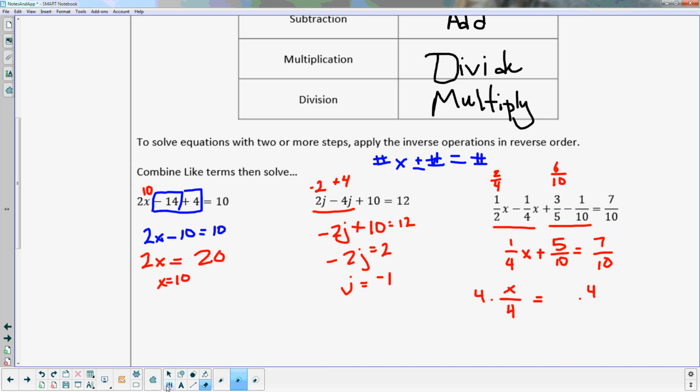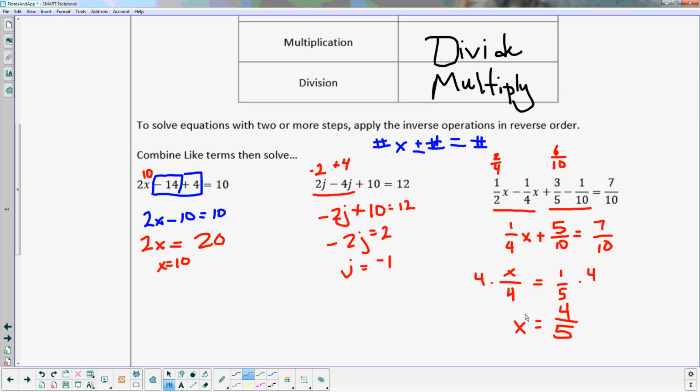You can do your simplification afterwards. You can see this as 1/5. 2/10, they're both even. Divide them by 2 and you get 1/5. But it makes our life easier here. X is going to be 4/5. Notice if I wouldn't have reduced that, I would have got 8/10, which is still 4/5.